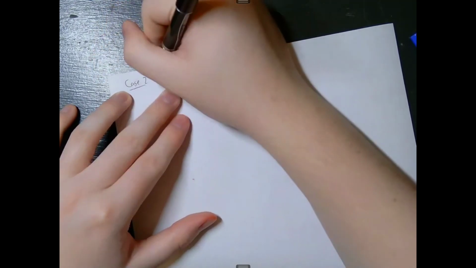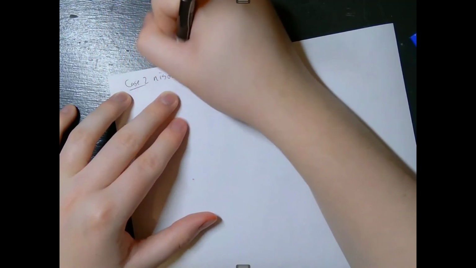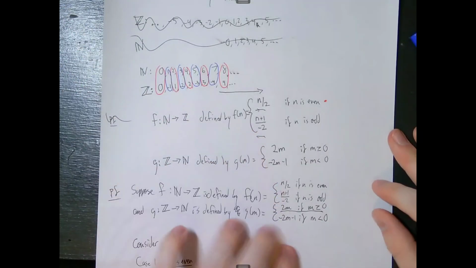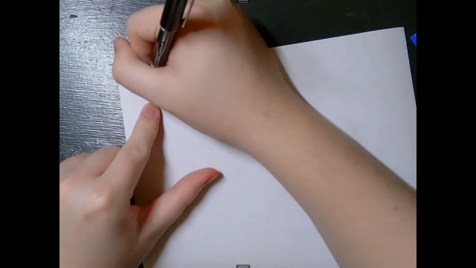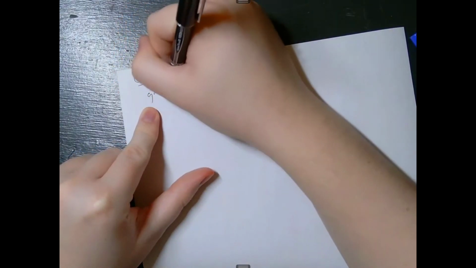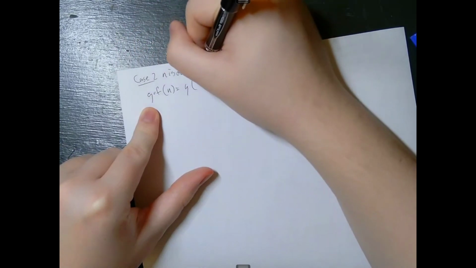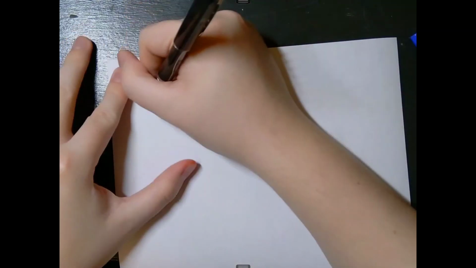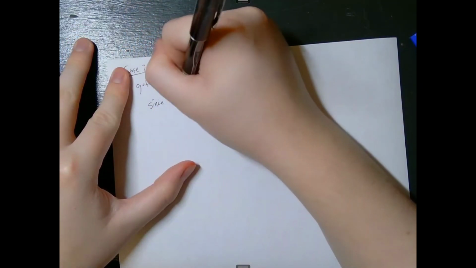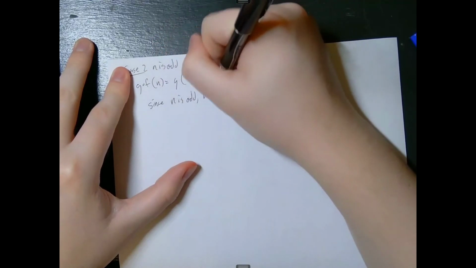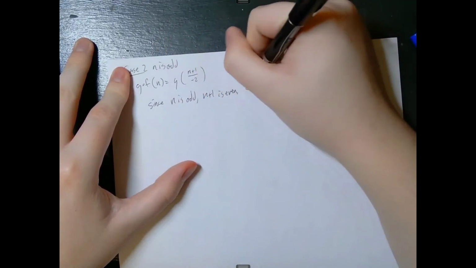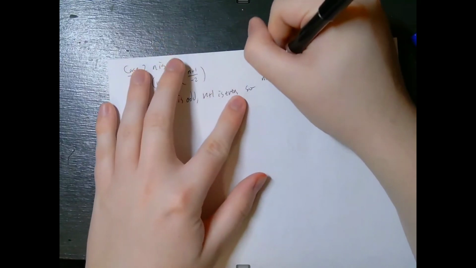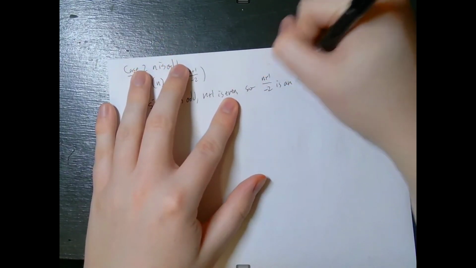Then we have a similar case for case 2, when n is odd. When n is odd, we do (n+1)/-2. So g composed with f of n equals g of (n+1)/-2. Now we note that since n is odd, n+1 is even, so (n+1)/-2 is an integer.